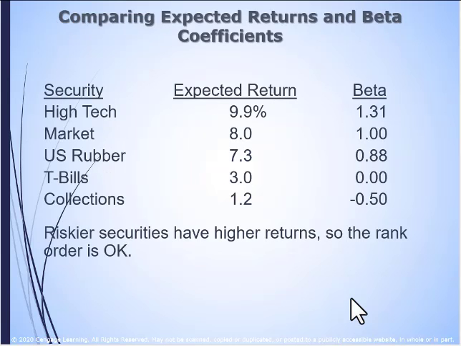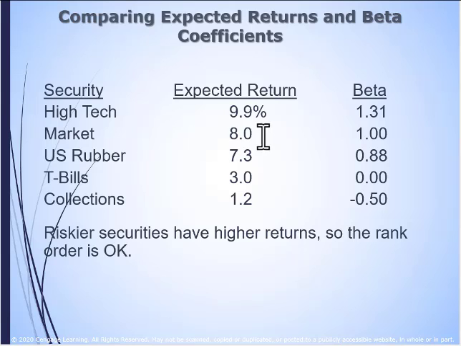So if we look at our statistics from before, and at their expected returns, we also know what the betas of these companies are if we do this statistic. High tech has the highest expected return. It has a beta of 1.31.